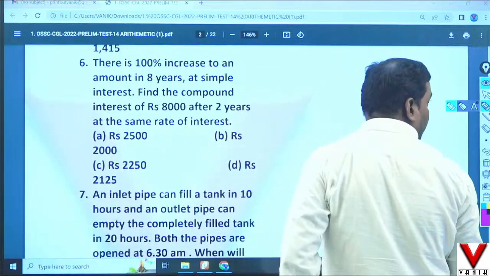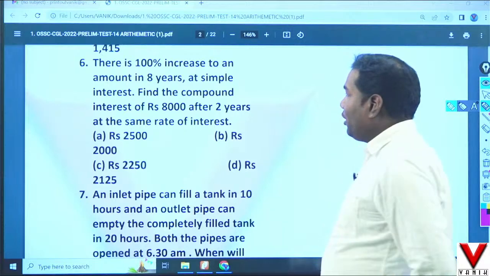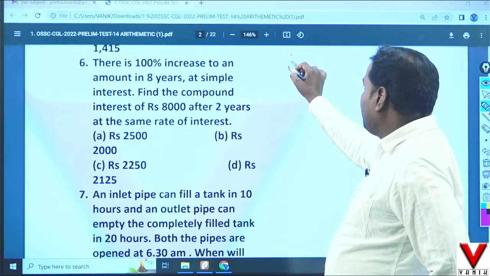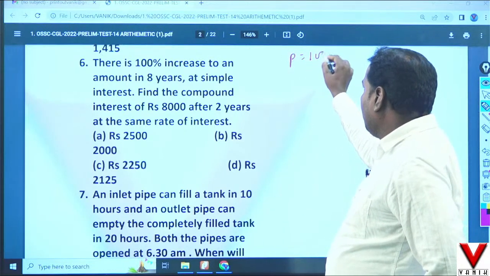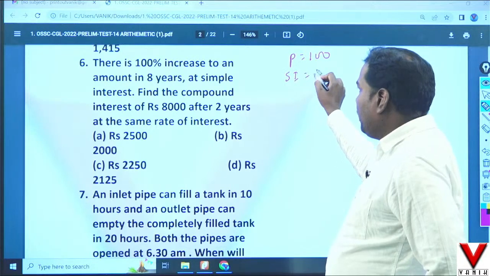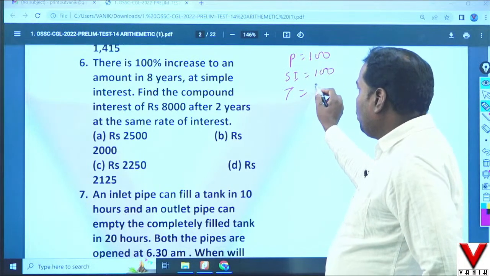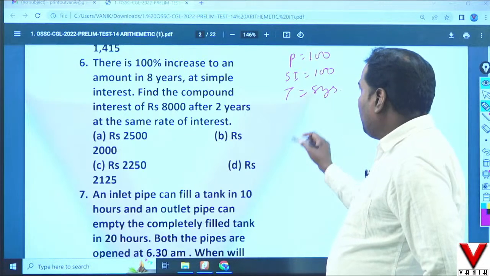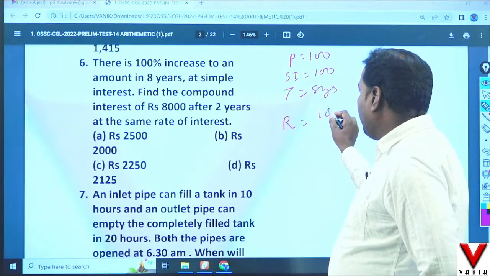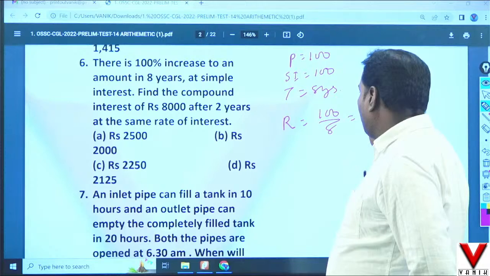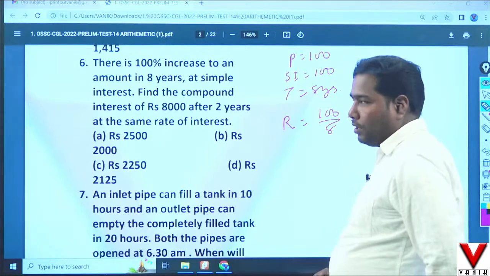So here there is a 100% increase. Suppose we take the principal as 100, then simple interest is equal to 100, and time is 8 years, so the rate of interest is 100 by 8. This is 12.5% rate of interest. Clear?